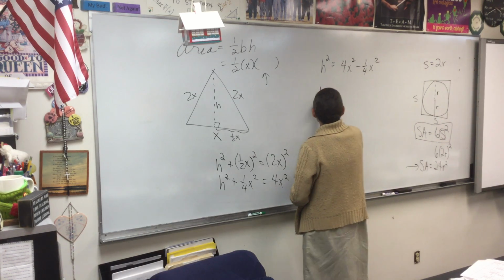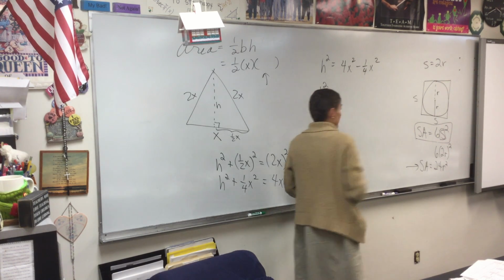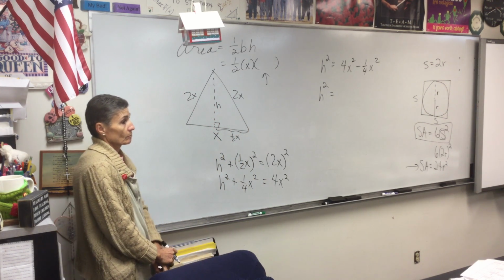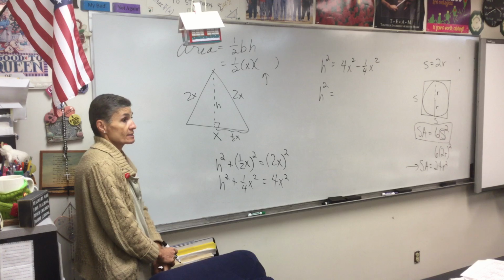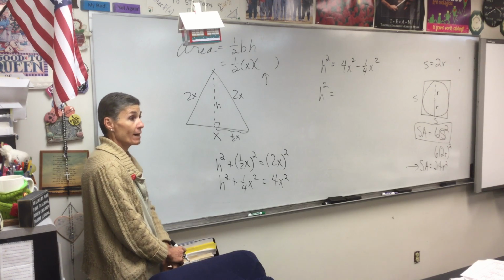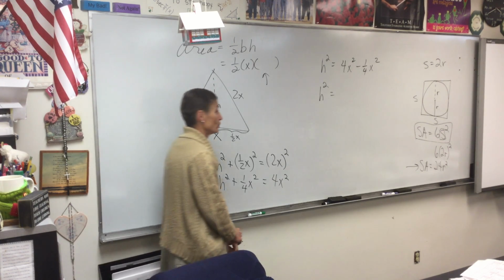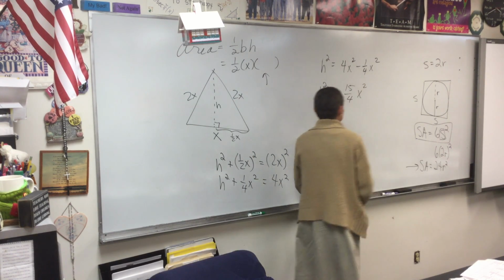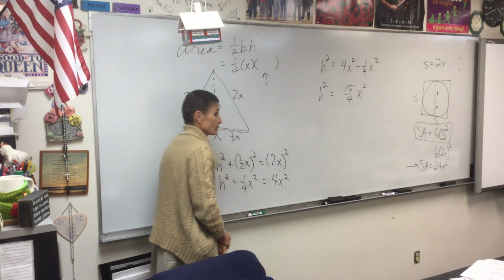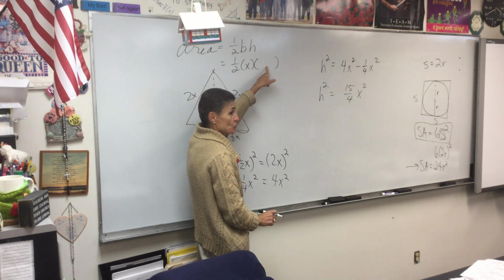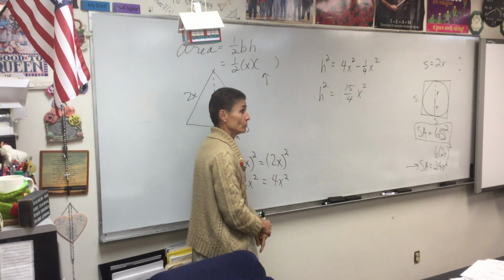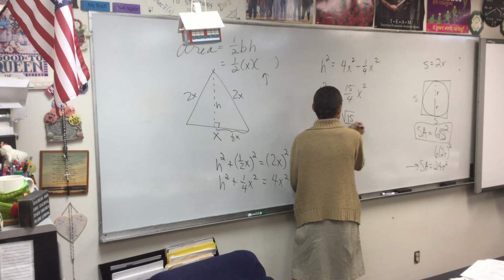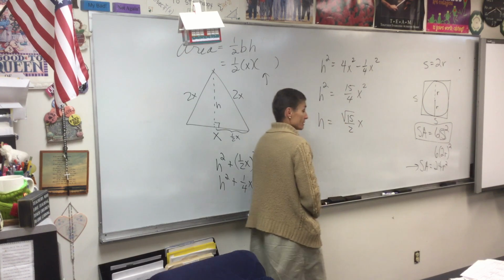Now let's put those together. What am I going to have to do to put those together? 16/4 minus 1/4 would be 15/4. Now I need h, not h squared, so I'm going to have to take the square root. That's going to be the square root of 15 over 2, x.